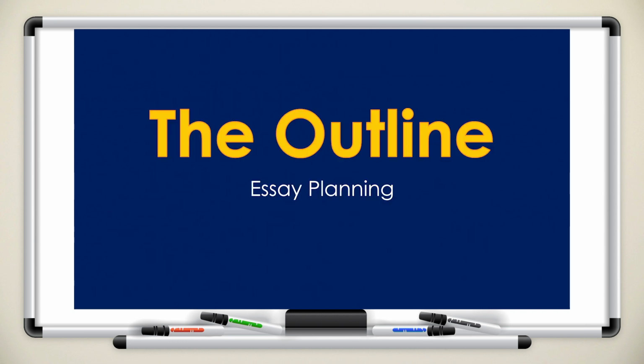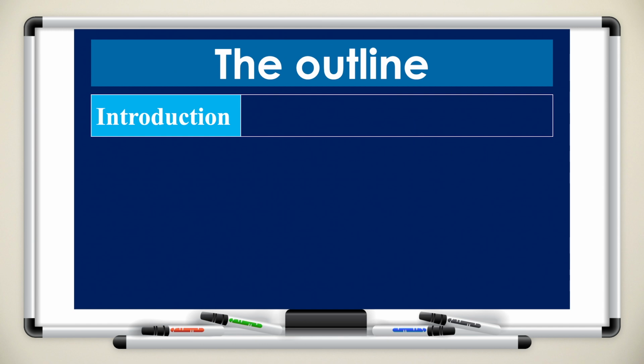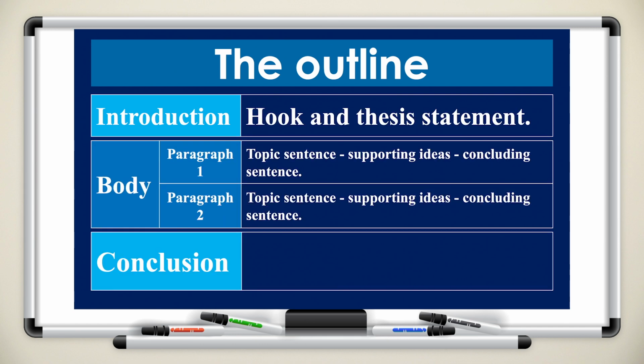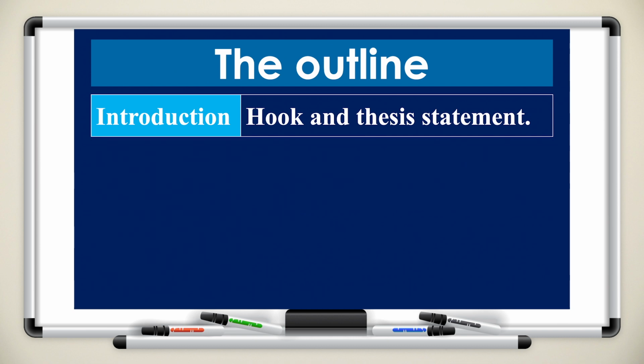Now, for the essay, we need to plan. And in order to make our plan clear and informative, we should write it in an outline. So let's take a look at the outline. The outline has an introduction, body, and conclusion. The introduction, as we said, has a hook and thesis statement.